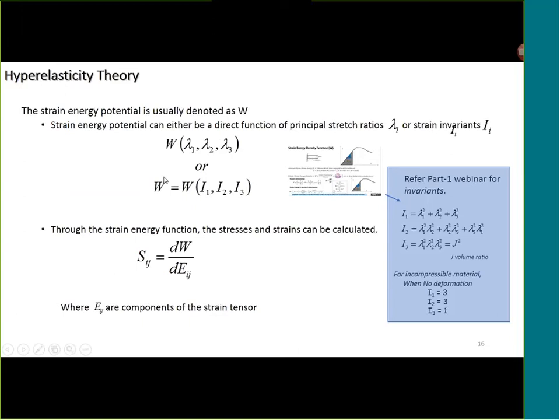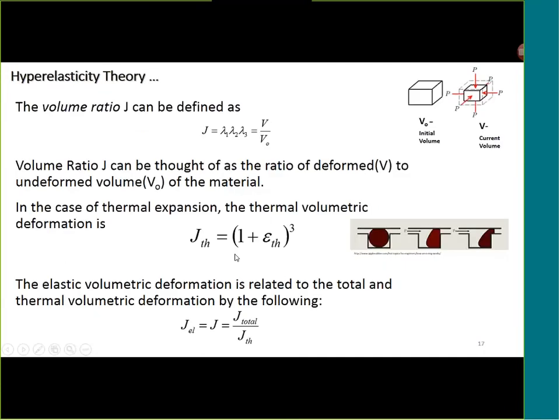So once we have the strain energy potential, it is possible to get the stresses induced on the structure by differentiating the strain energy potential with respect to the strain, which can be related either to the invariants or to the stretch. There exists a relationship between strain, the stretch and the invariants.